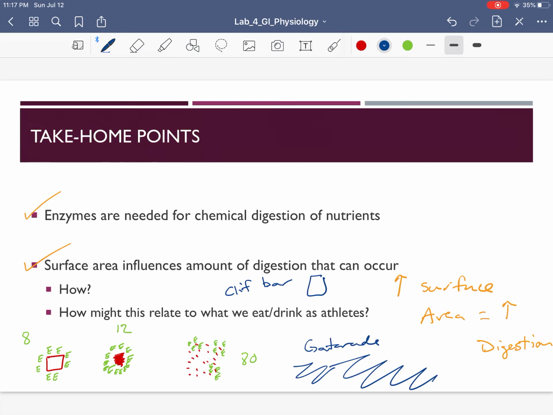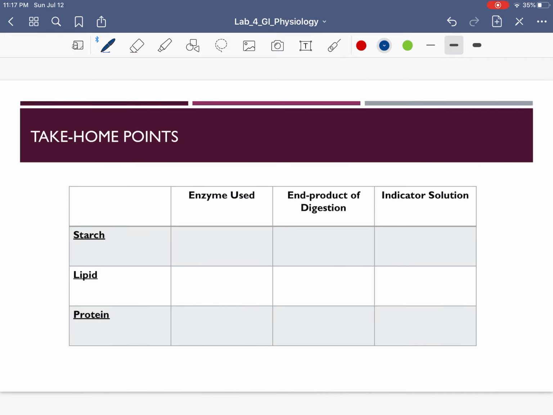So if I'm entering the last 10-minute overtime period and I need the quickest energy, I want to drink something or bring in something that has a greater surface area, because I'll be able to digest it more quickly. And if I can digest it more quickly, I can absorb it more quickly, and I can metabolize it more quickly. I'm hoping there are some light bulbs going off in your heads, ladies and gentlemen.